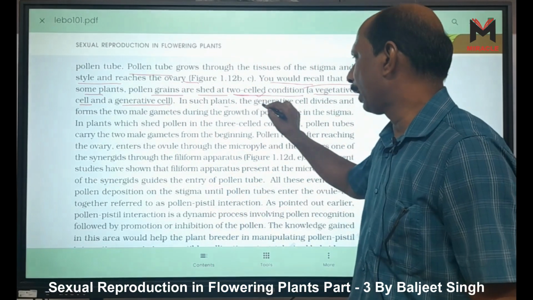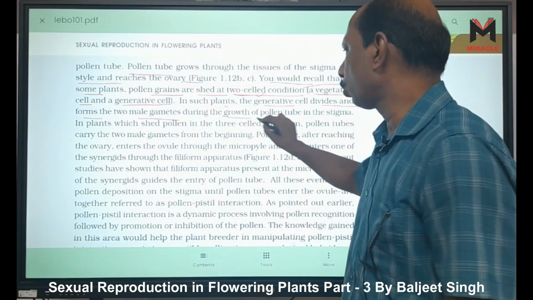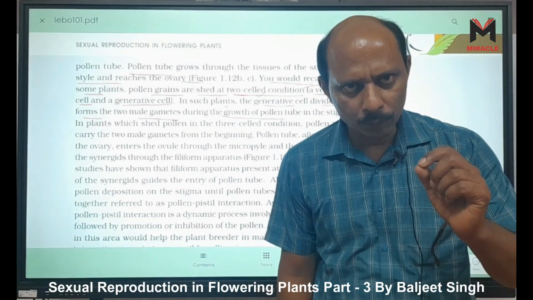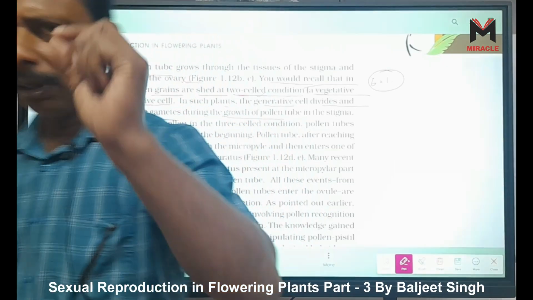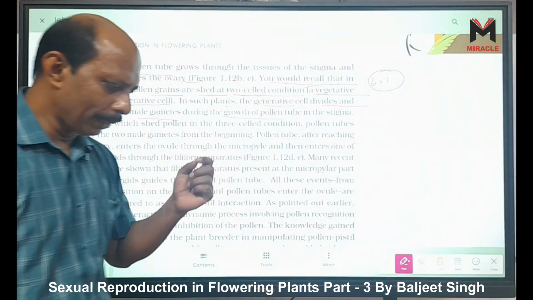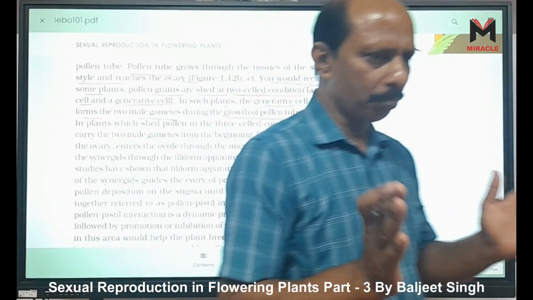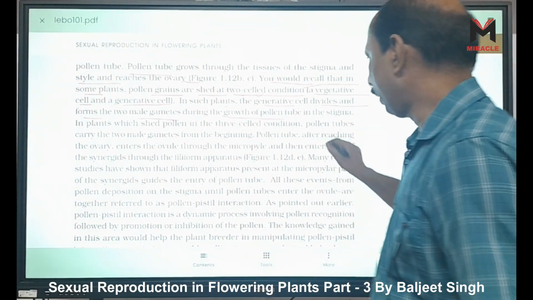In such plants, the generative cell divides and forms two male gametes during the growth of the pollen tube. When the pollen tube grows, the vegetative nucleus, which is terminal in position, comes to the tip of the pollen tube, and the generative nucleus divides mitotically and forms the primary and secondary male gametes, right?